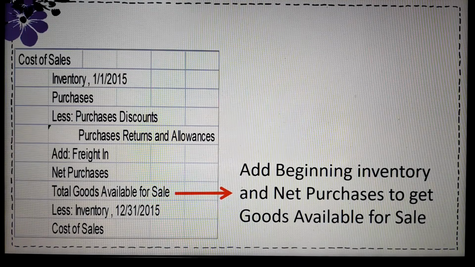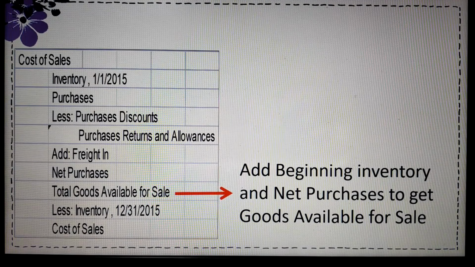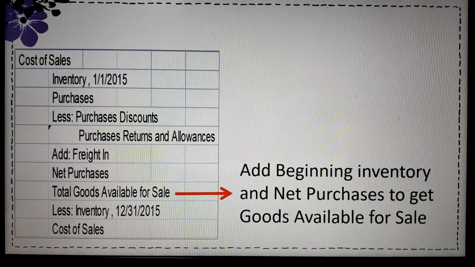Okay, next is the total goods available for sale. For the net purchases, masabtan na ninyo nganong makakuha ta og net purchases when we go to the preparation of the statement. So we proceed to the total goods available for sale. Makuha na ninyo when you add the beginning inventory and the net purchases to get the goods available for sale.